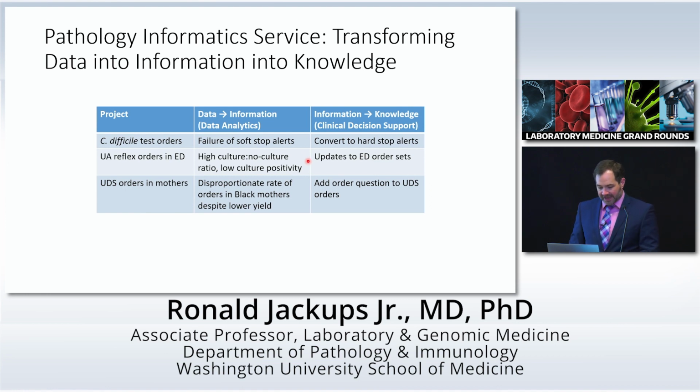With the UA reflex, that's showing that there is a high rate of orders of the culture reflex in ED patients with low culture positivity. And for the UDS in OB, there's a demonstration of a disproportionate rate of orders in Black mothers despite a lower apparent yield of more severe drugs. So that's the data to information part.